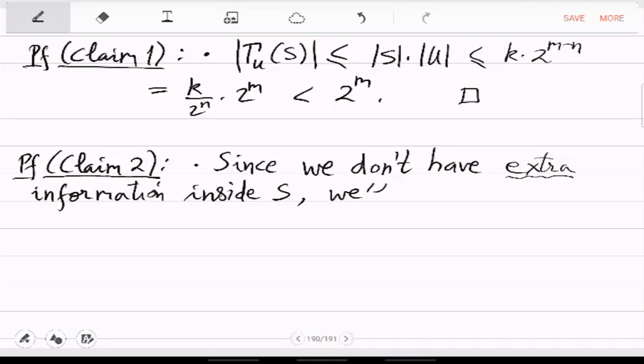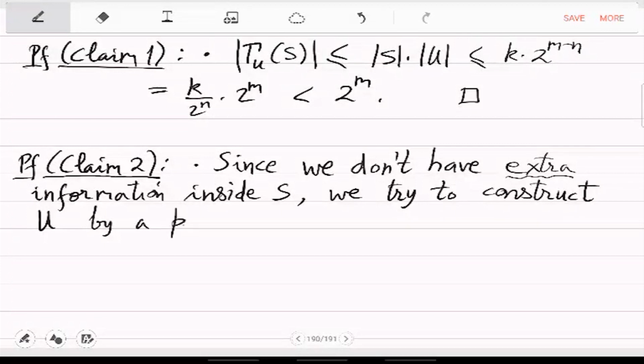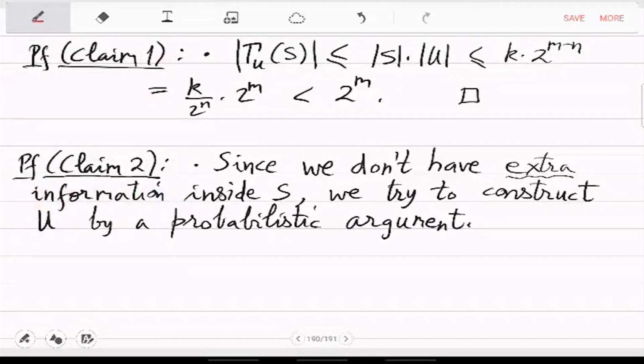We try to construct U by a probabilistic argument. Okay, so this will be an interesting proof with probability.